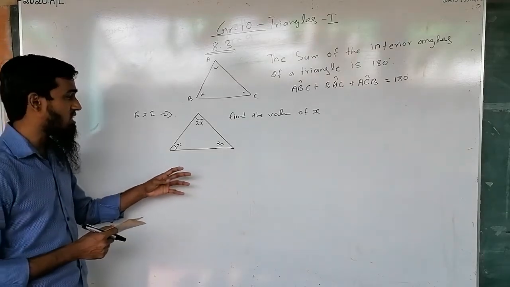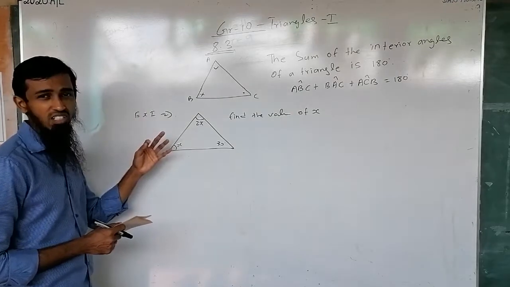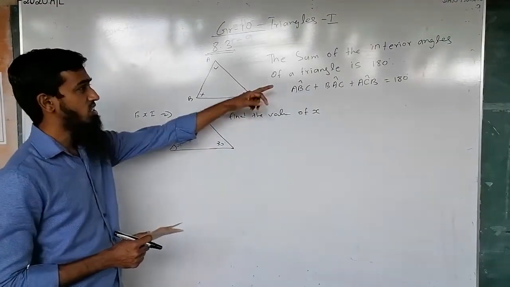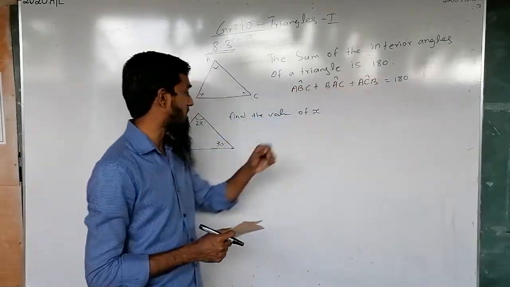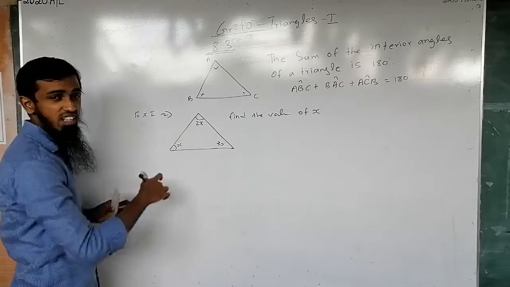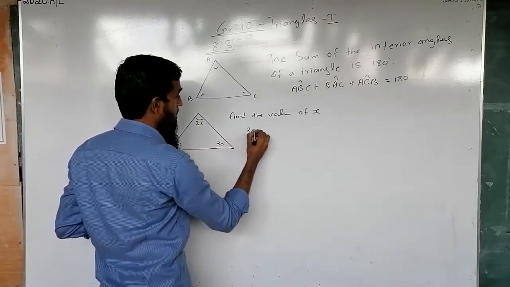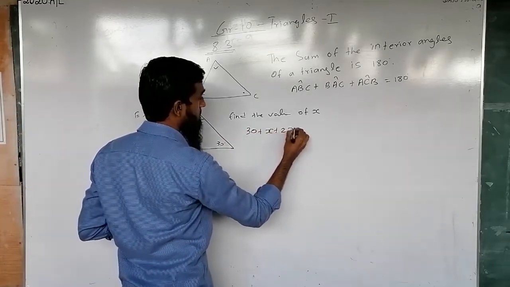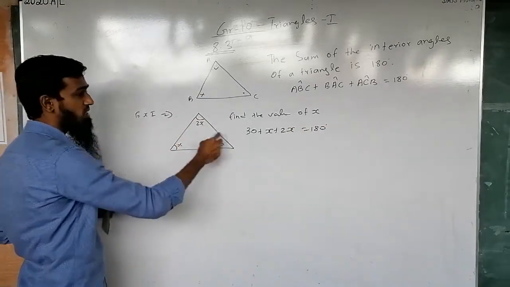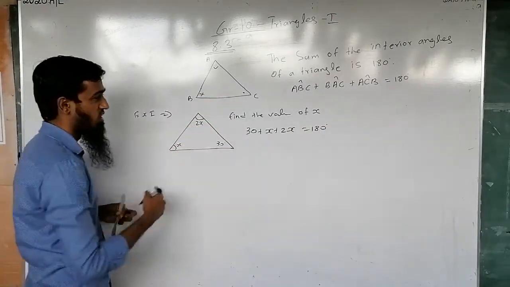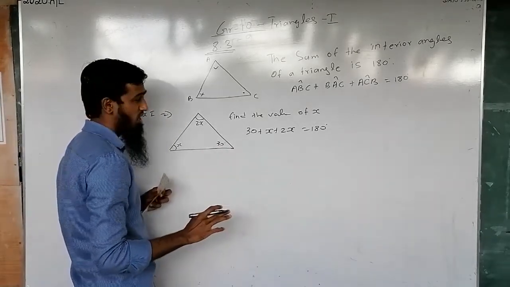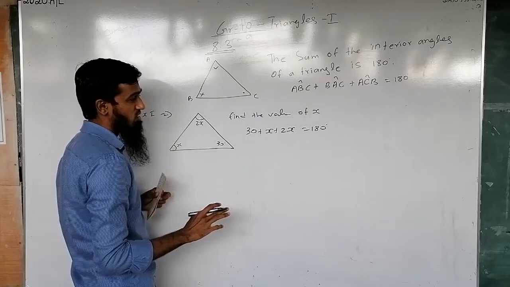So what is the theorem related to the interior angles of a triangle? That the sum is 180. So using that theorem, we'll write the equation. 30 plus x plus 2x is equal to 180, because the interior sum is 180. That is our theorem. After this we'll have a simple equation.